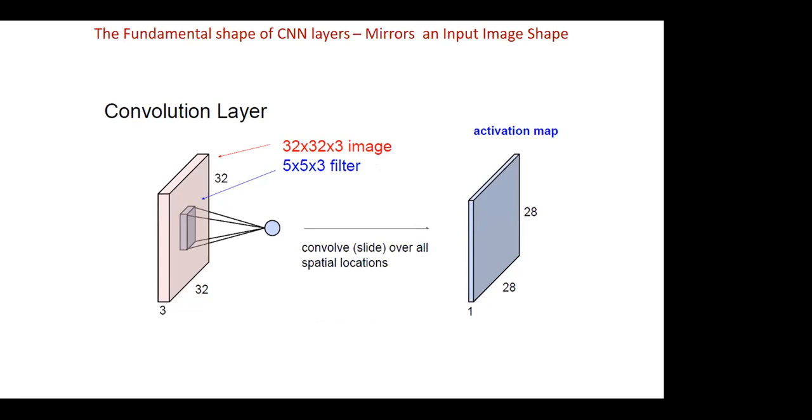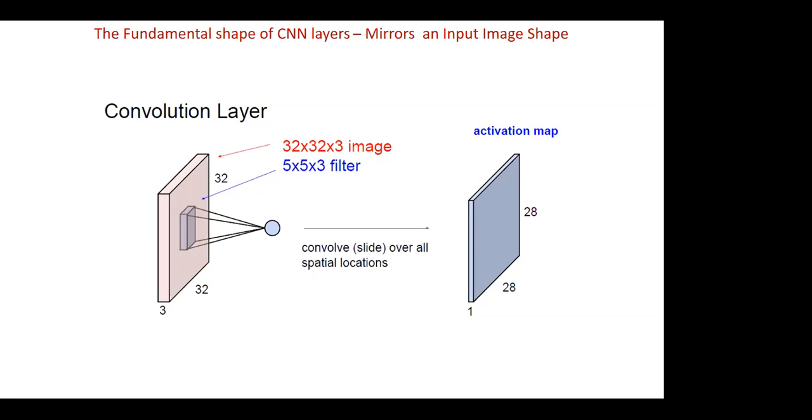Since this is a dot product and we are doing it over all the channels, they all basically compress into a single dimension. So this is for one filter, let's call it the blue filter.